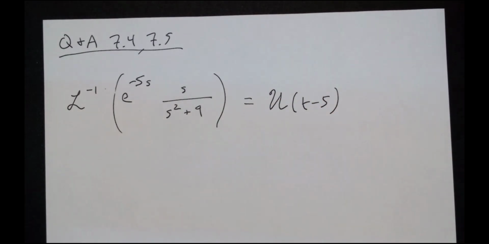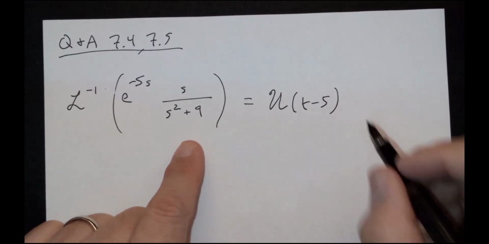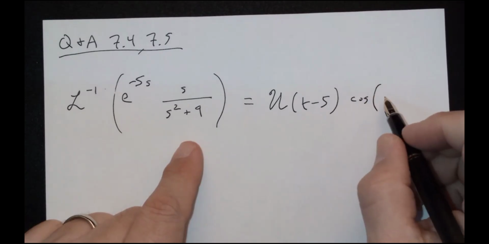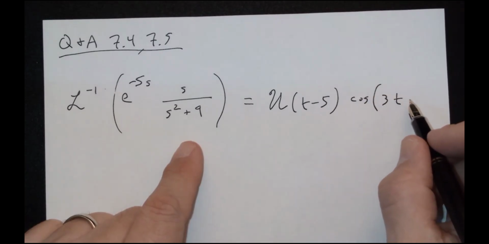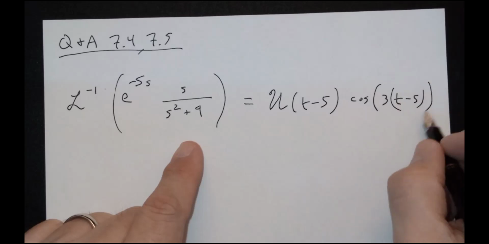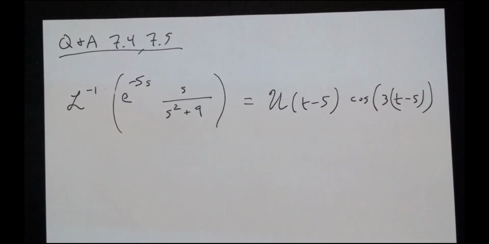But then that cosine of 3t would become cosine of 3 times t minus 5. Yes, exactly that. I make the same shift in the Laplace transform that is given by my Heaviside shift. It's exactly what I do.